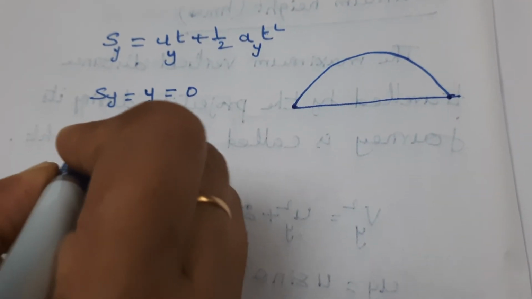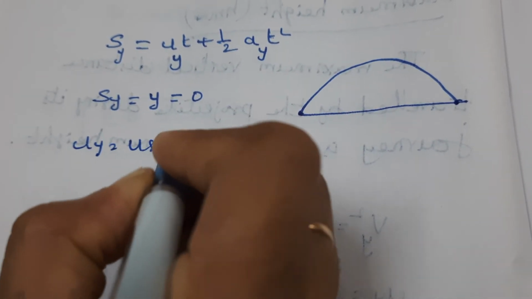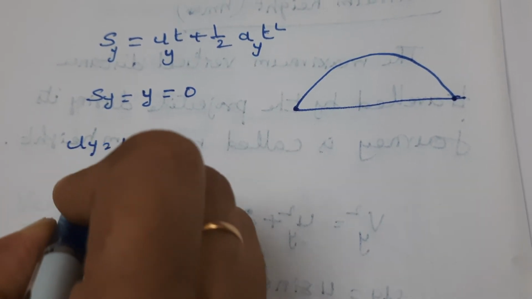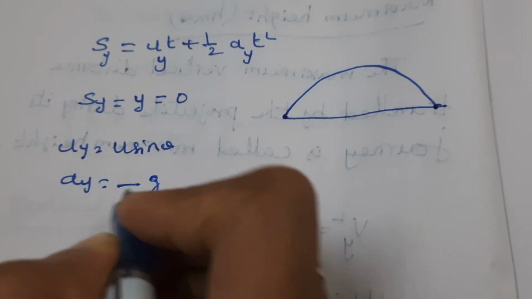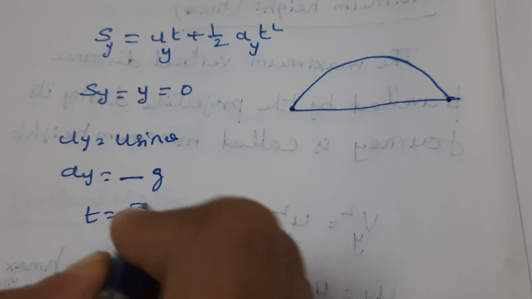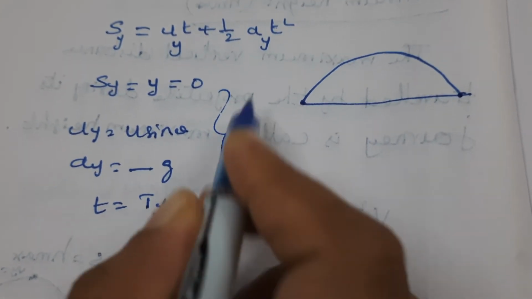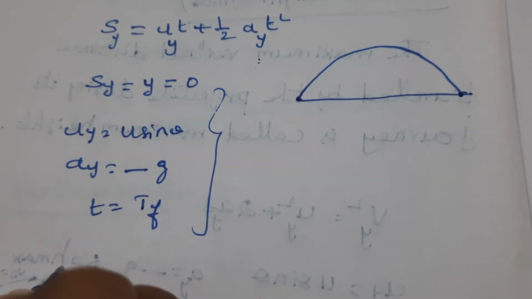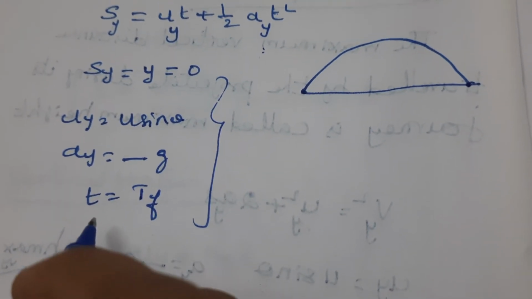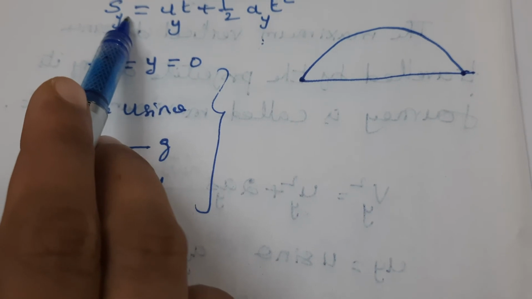Then uy we know, u sin theta. ay equals minus g, and the t we can write as time of flight tf. So substitute all these quantities in this relation. We get 0 is equal to Sy, that is y equal to 0.